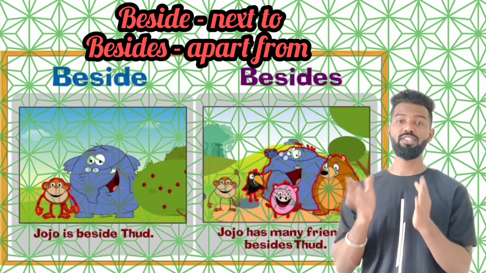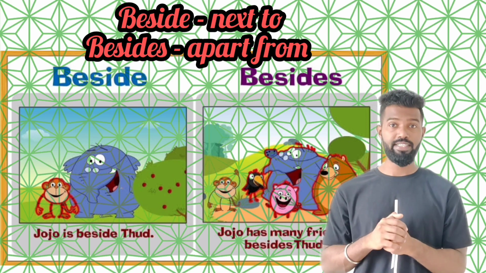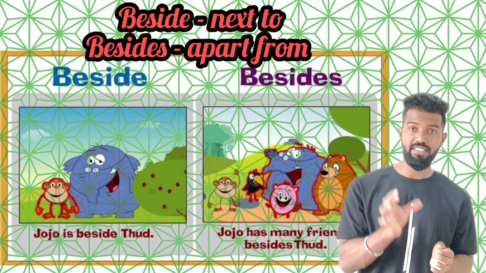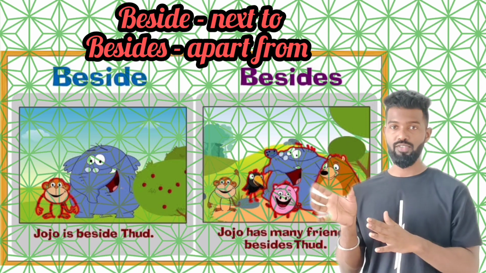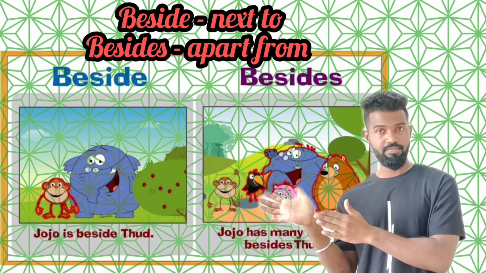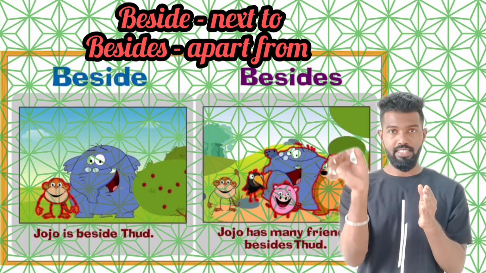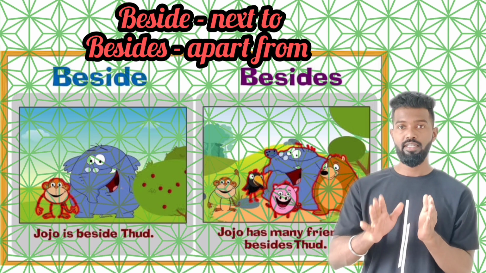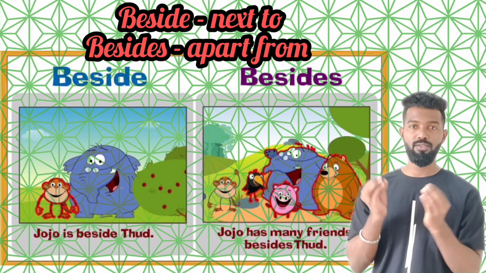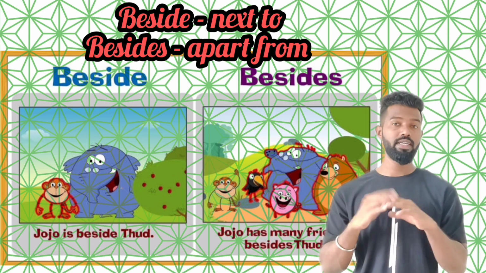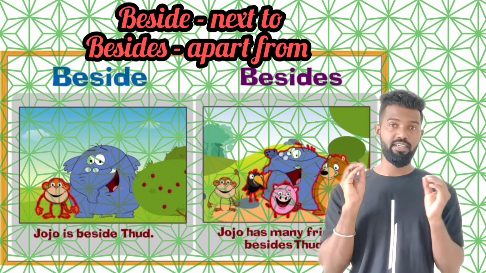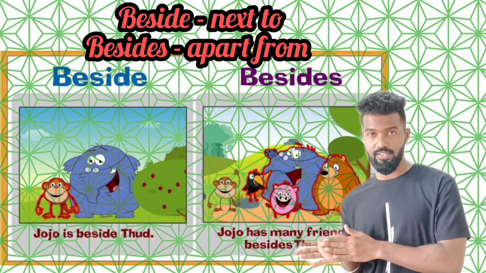Beside means the position, which means next to. That time only you have to use beside. And whenever you use besides, the meaning is changed, which means apart from. So when we add one s, it becomes besides, which means apart from. Because of these small errors, it can complicate the sentence. It may confuse you, but be careful regarding beside and besides.